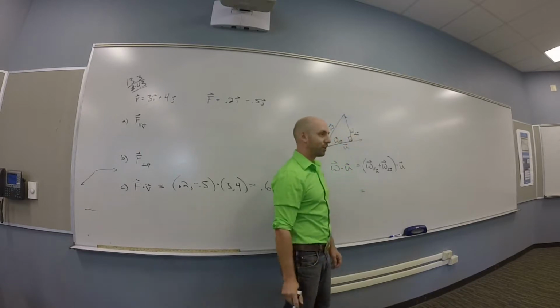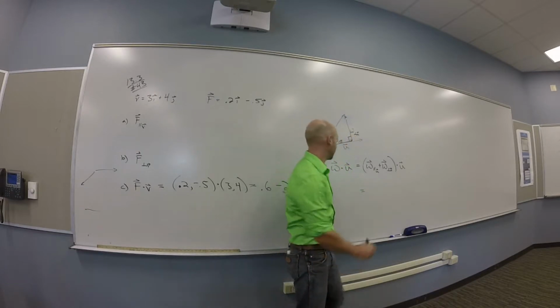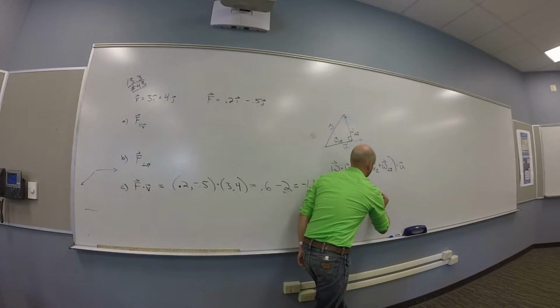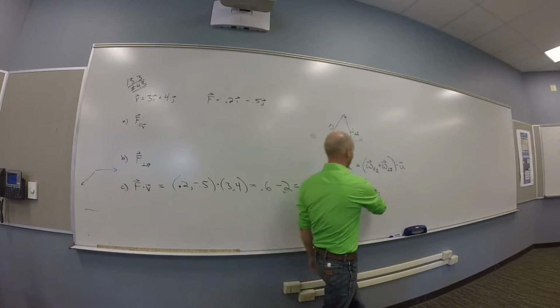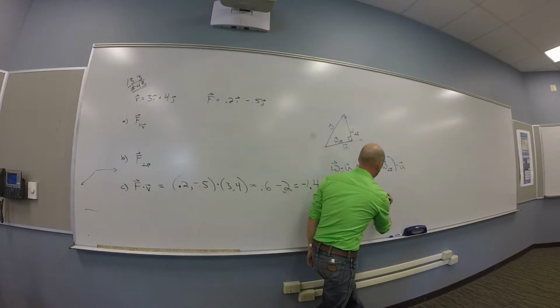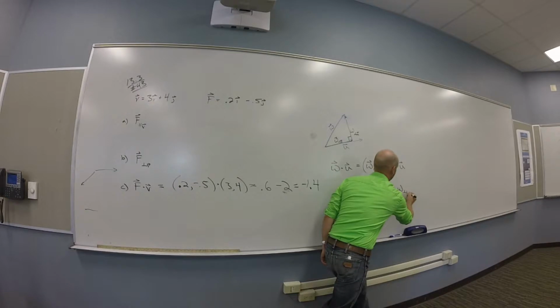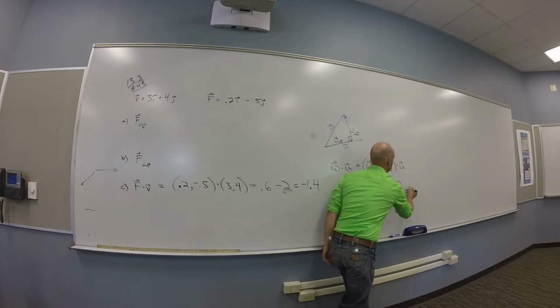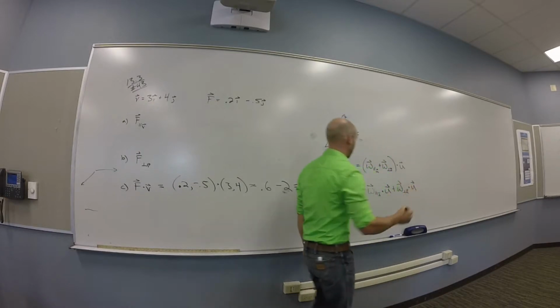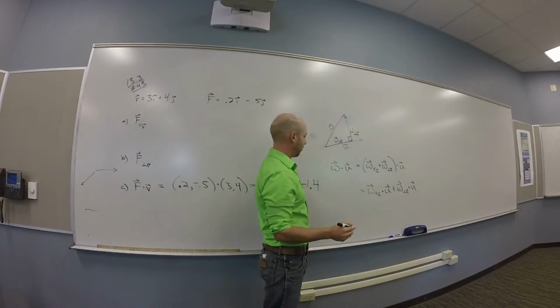So if I distribute this, what do I get? I get w parallel to u dotted with u plus w perpendicular to u dotted with u.